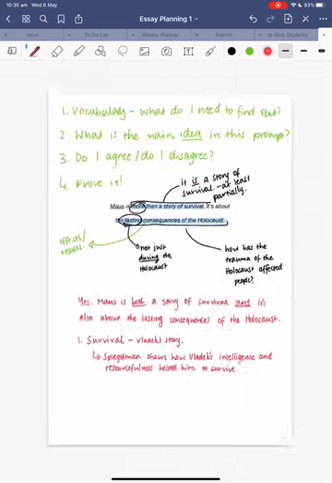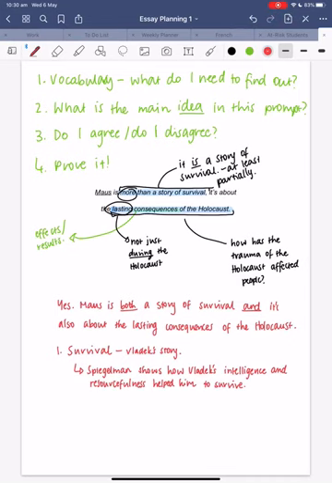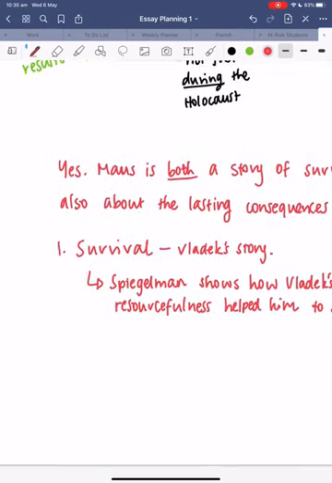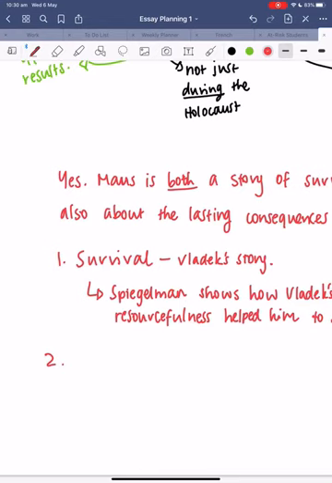Cool. All right, so I've expanded on my first idea. Yeah, I can see that there is going to be evidence for what I'm saying about how Mouse is a story of survival. Great. Okay, what about my second idea? The lasting consequences.